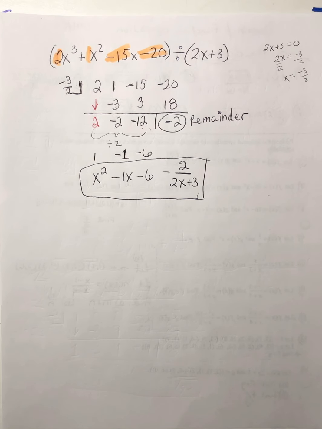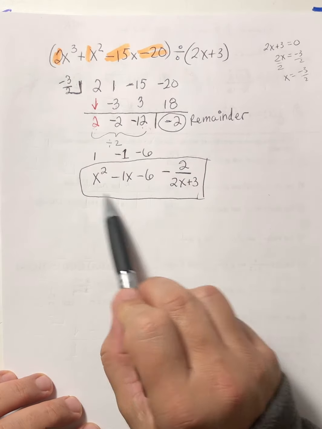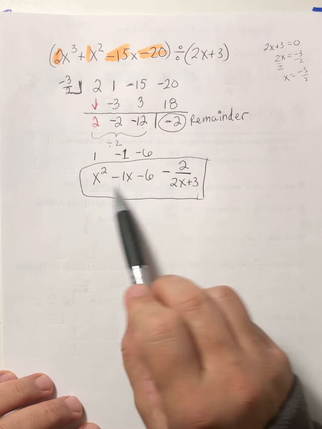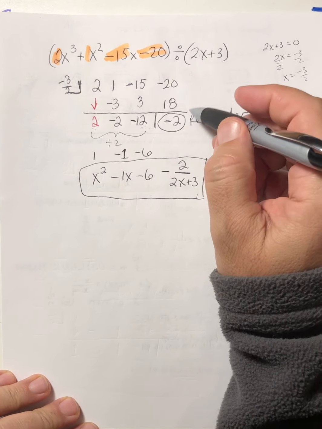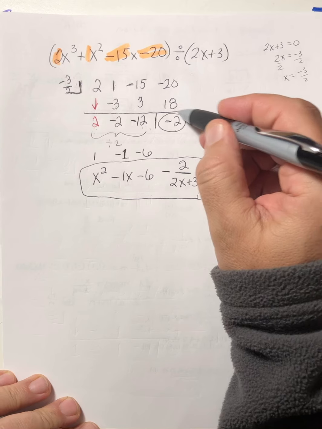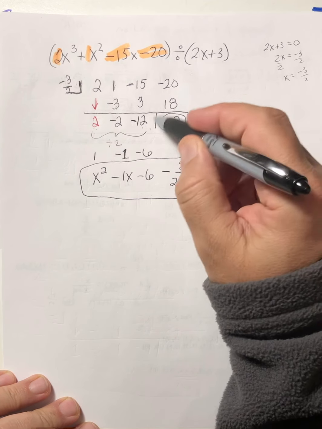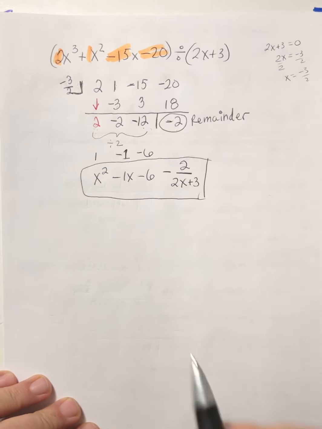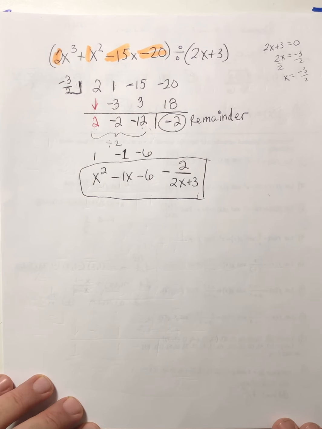All right, and then make sure you write out your answers in this fashion, okay? And then don't forget, if we have no remainder, that means we have a factor, okay? That means we have a factor. All righty. We're all done.